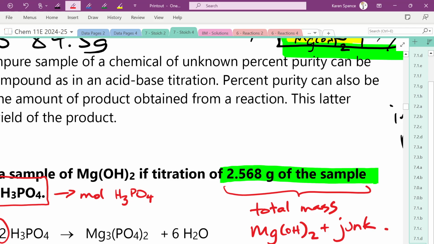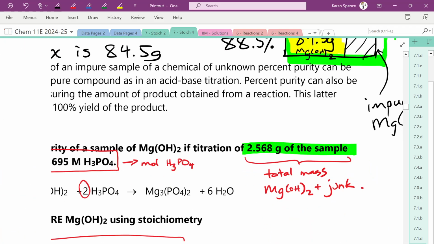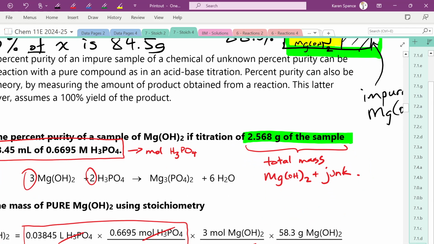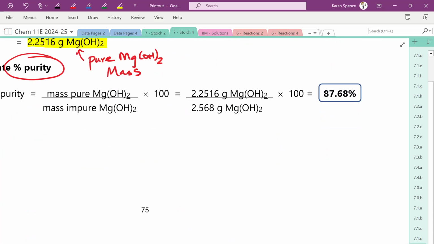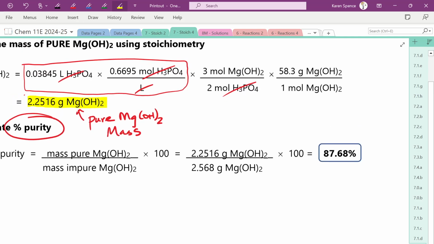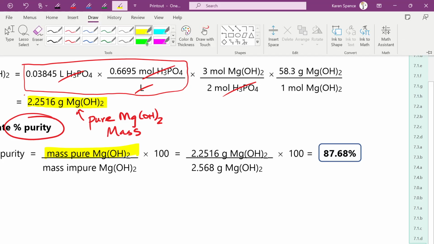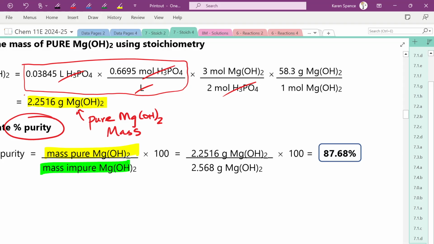And so we're going to take our pure mass and divide by the total mass, the impure mass, times 100, and we get 87.68%.